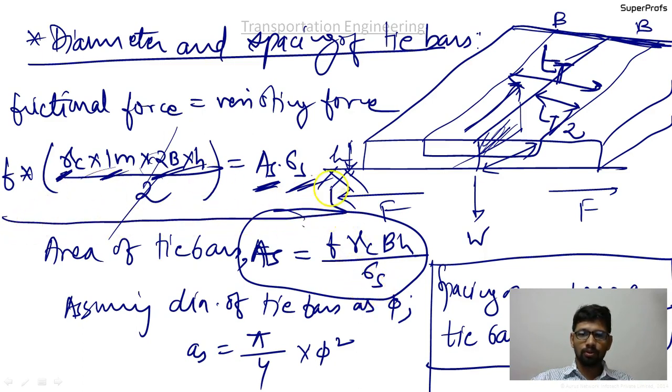The frictional force is equal to the resistive force. We need not remember this formula. This is exactly the same question. The 2b distance is given to be 7.2 meters, the diameter is given, and various other specifications are given.